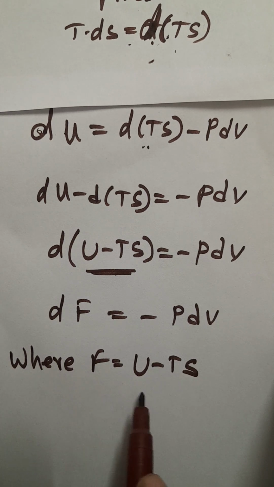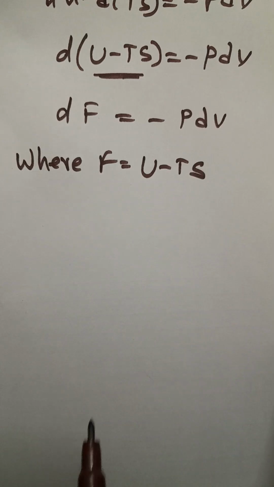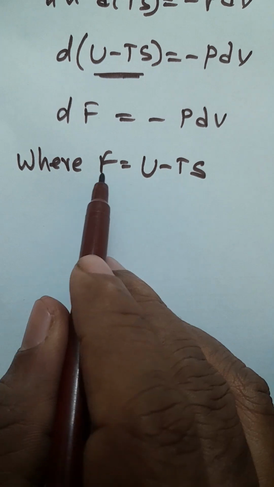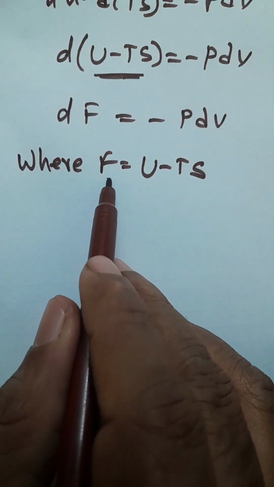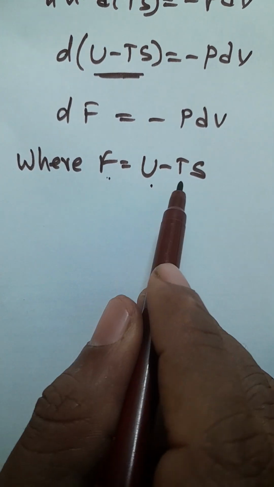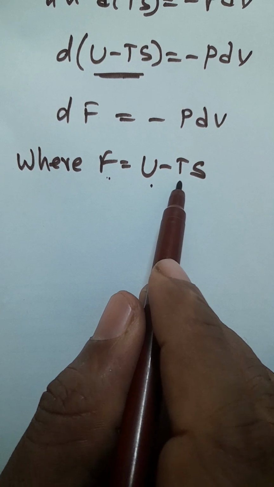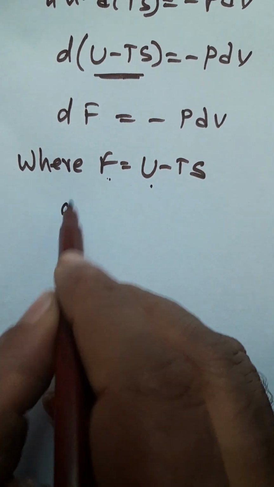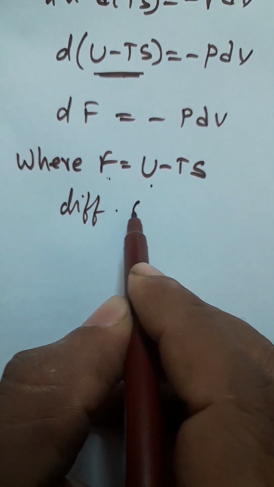Now we consider this equation and derive further. F equal to U minus TS. F is the Helmholtz function, U is internal energy, T is temperature and S is entropy. Now we differentiate on both sides.